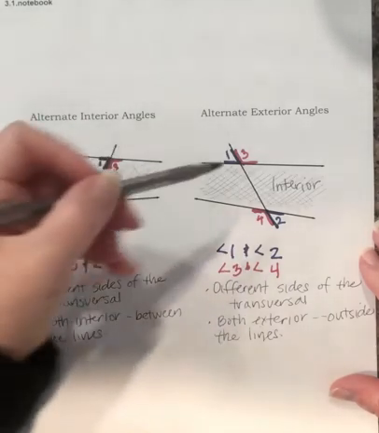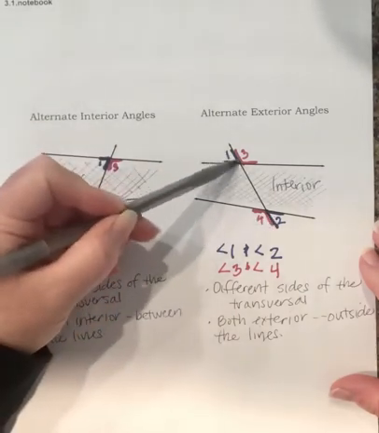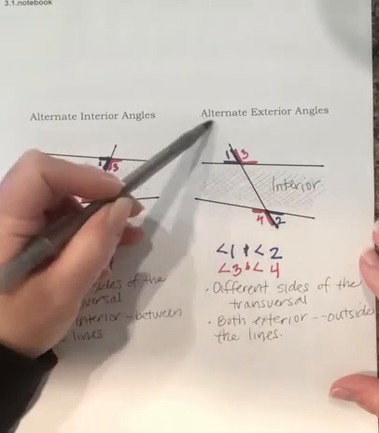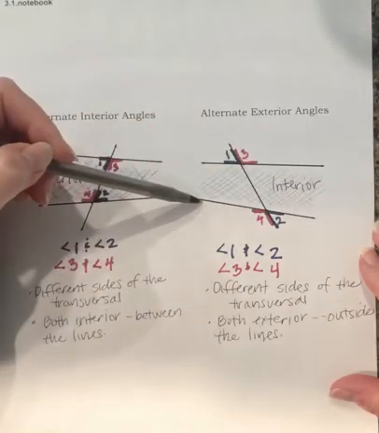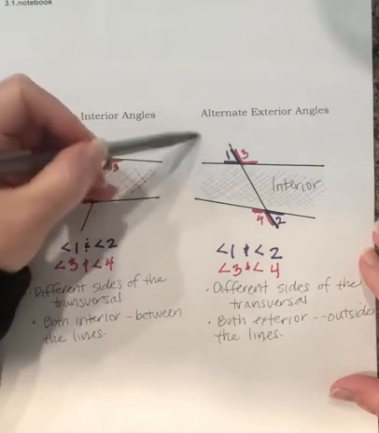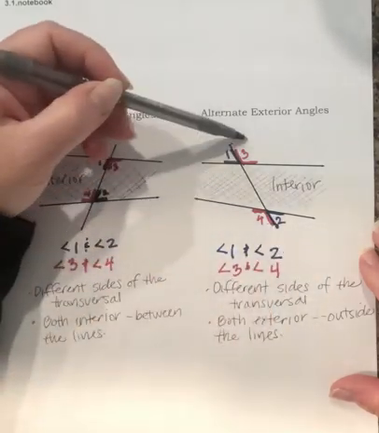Alternate exterior, again, if I'm looking at angle 1 and 2, and I highlight those, this shared piece is the transversal. These are the lines that are creating the angles with the transversal, but I could see angle 1 is out here, angle 2 is out here. Same with angle 3 and angle 4.